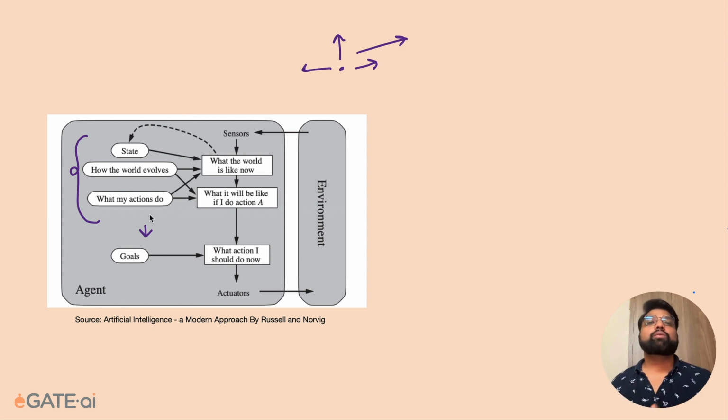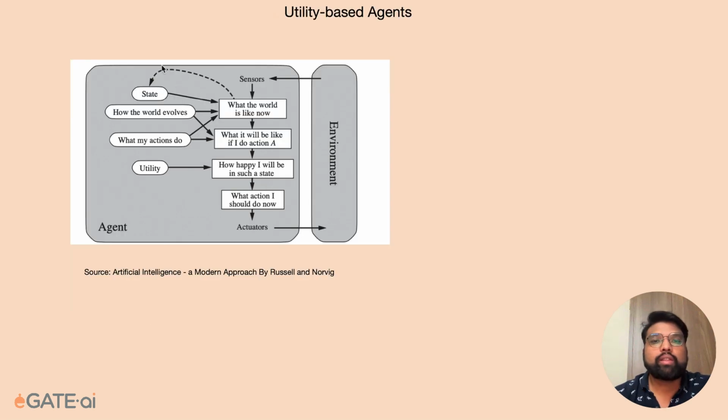So this brings us to a new agent, which is the utility-based agent. This is the block diagram of utility-based agents. It has the internal state as we were talking about. This is actually a utility-based model reflex agent, and this part is the same as the goal-based agent: what the current world is like right now, and what will happen if the agent takes certain actions.